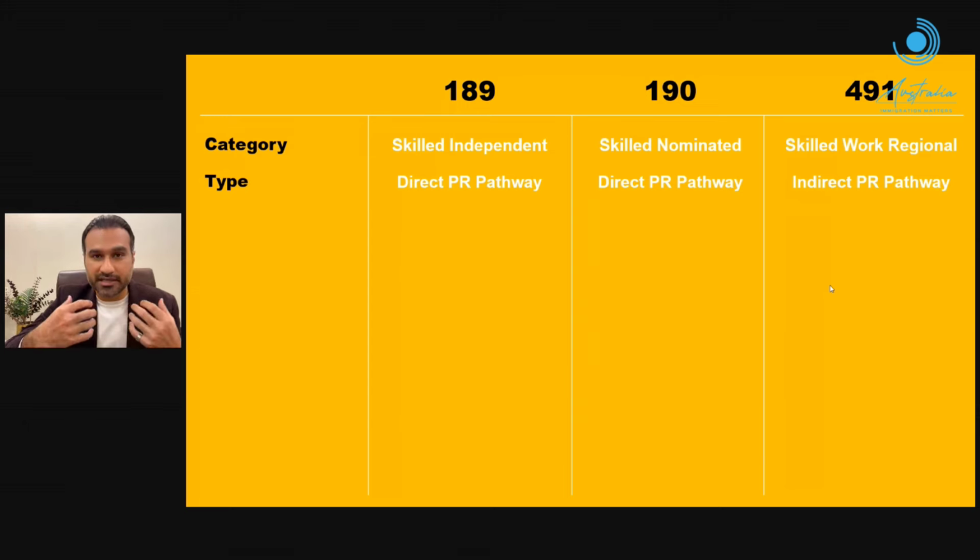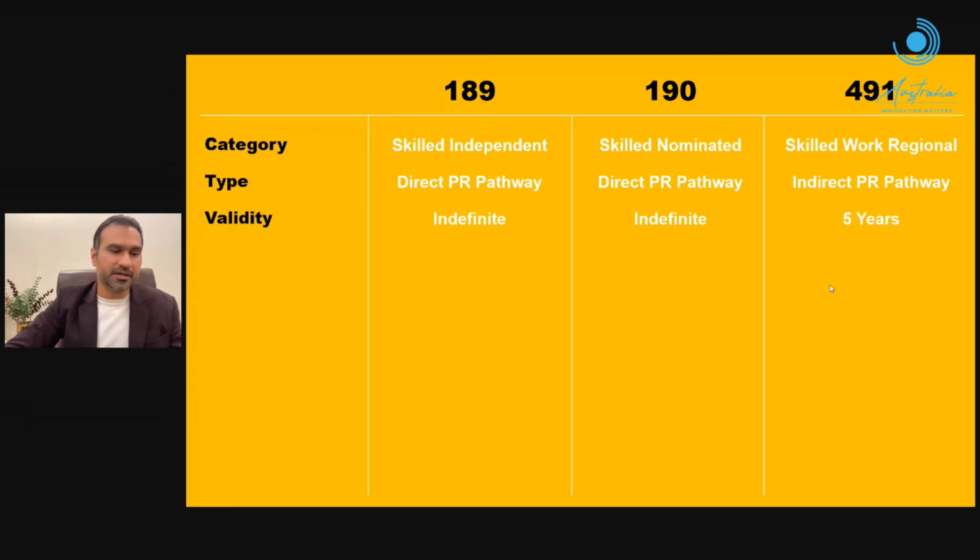When I say indirect, it means that you have to fulfill the visa conditions of 491 for 3 financial years and submit ATO statements or tax returns for 3 financial years before applying for the 191 PR pathway. And ultimately, after spending 4 financial years, you also become eligible for citizenship. That's why it's called an indirect PR pathway.